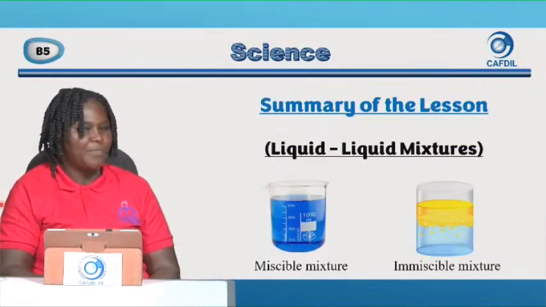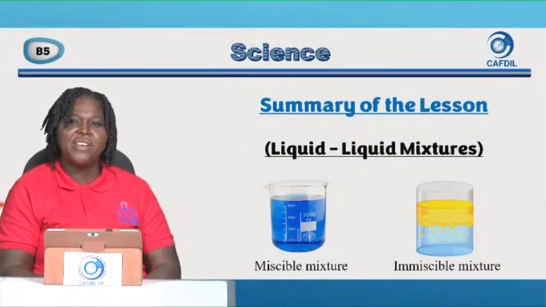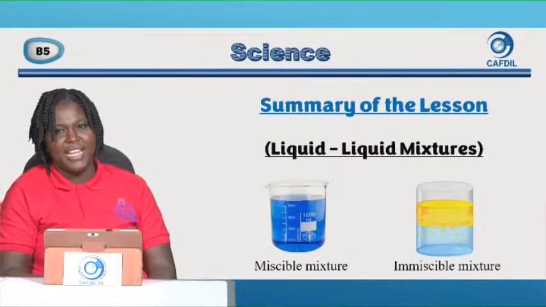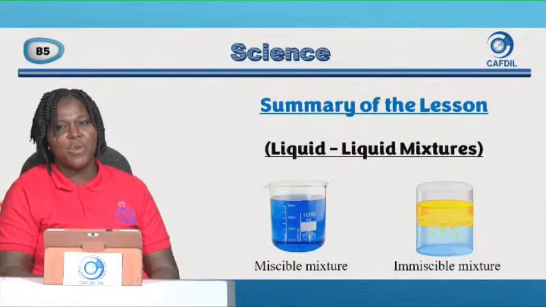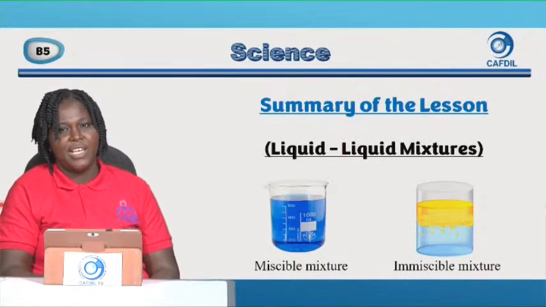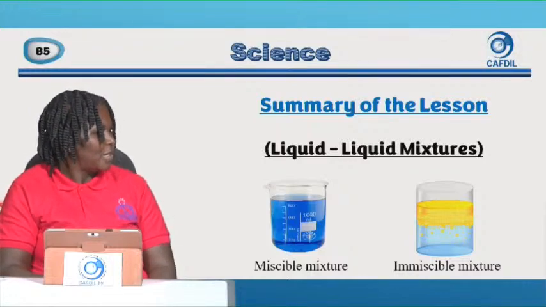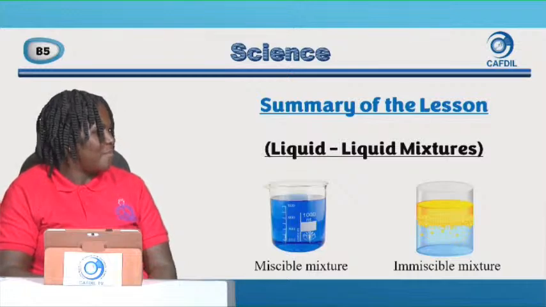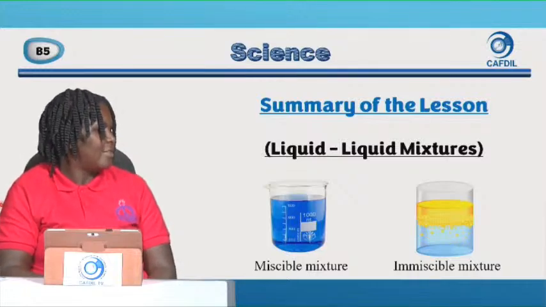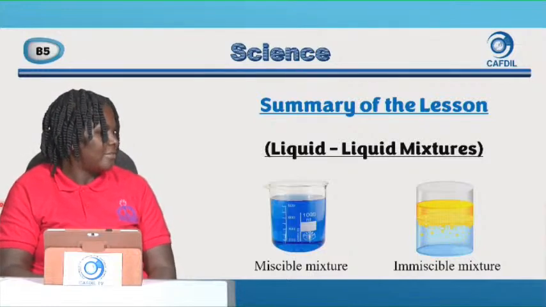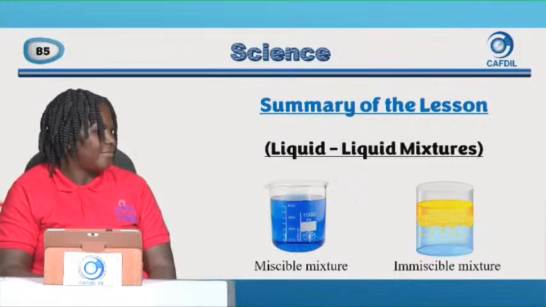Good. Now, this comes to the summary of the lesson for today. We looked at liquid mixtures, and we saw that we have two liquid mixtures. We have miscible mixture. For this, the liquids mix completely, forming a uniform mixture.